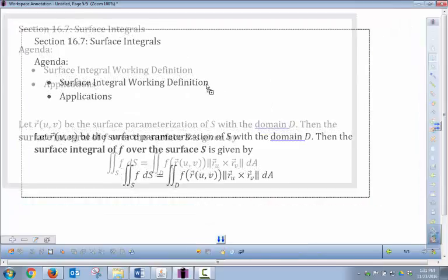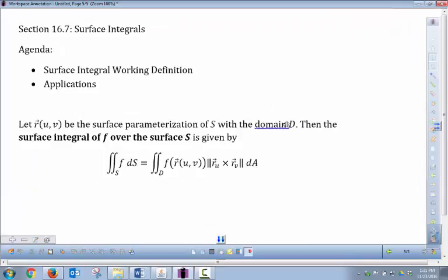So the way to define surface integrals, they have surface integrals for scalar functions and surface integrals for vector functions, vector fields. And what I want to do is separate it like line integrals. They had line integrals and they combined two things, the path integral and the line integral. I'm wanting to separate those two things so that we can have a better working definition for these things.